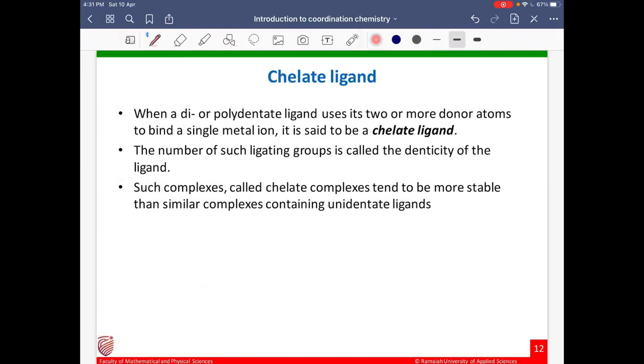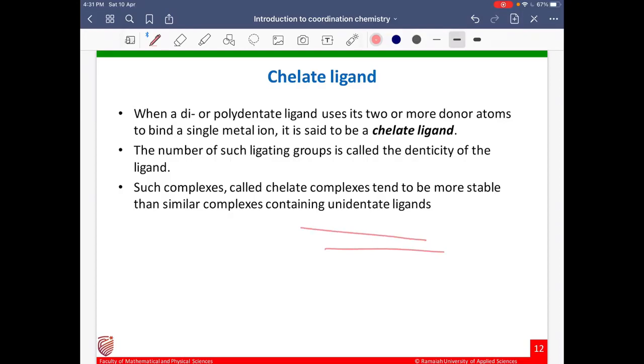Next is chelate ligand. When a di or polydentate ligand uses its 2 or more donor atoms to bind a single metal ion, it is said to be a chelate ligand. The number of such ligating groups is called the denticity of the ligand. Such complexes, called chelate complexes, tend to be more stable than similar complexes containing unidentate ligands.